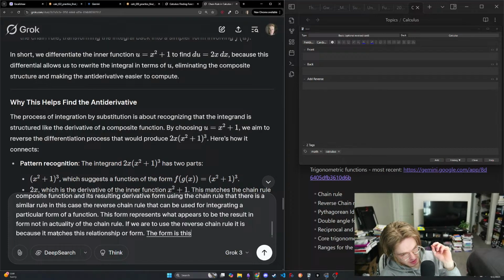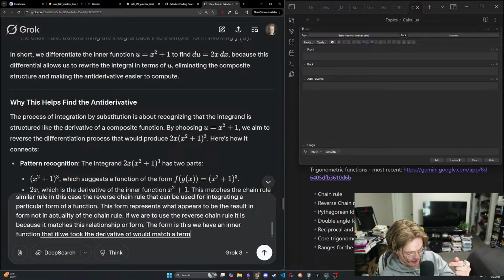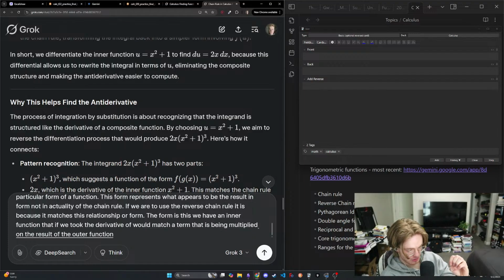We have an inner function that, if we took the derivative of, would match a term that is being multiplied on the result of the outer function.